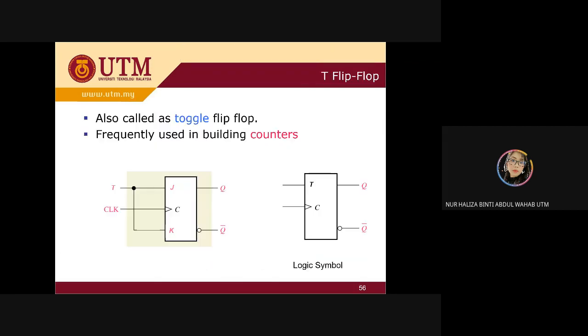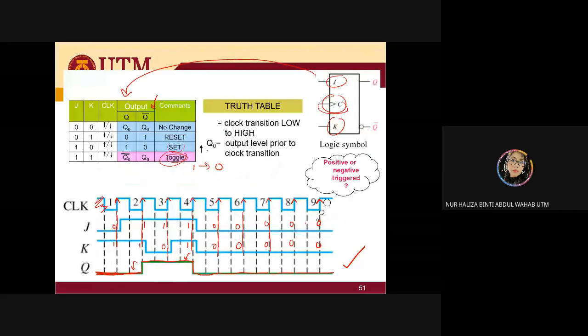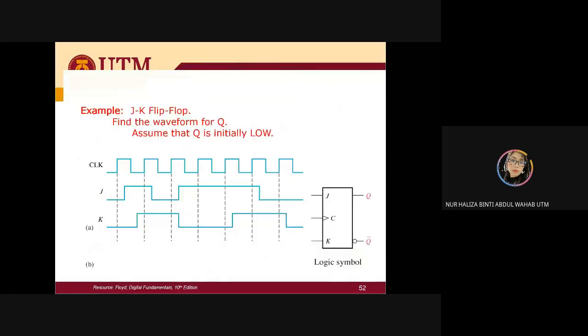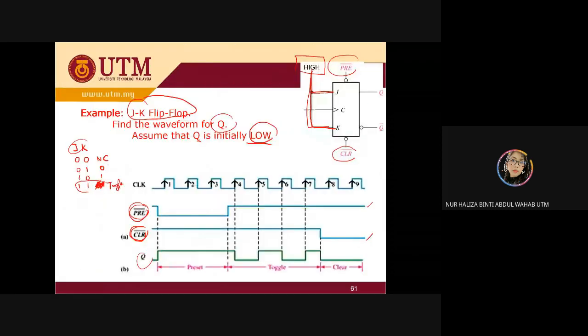Toggle, right, JK. I also already confused. So you need to remember, okay, JK, this one is toggle, sorry. This one is toggle 1, 1. Okay, now we have the JK table. We need to come out with the pre and clear table also.